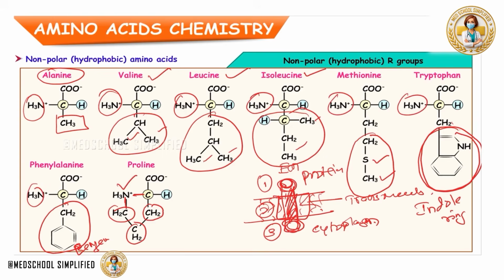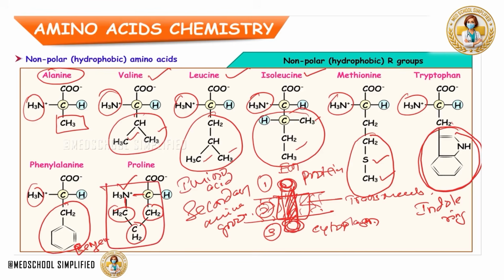It is interacted with the side chain. That's why the amino group present in proline is referred to as a secondary amino group. In order to differentiate it from other amino acids, proline is sometimes referred to as an imino acid. This entire group, the 5-membered ring, is referred to as pyrrolidine.